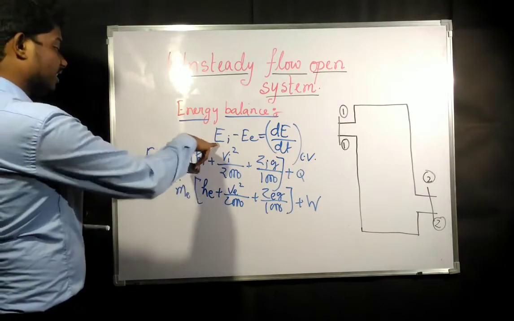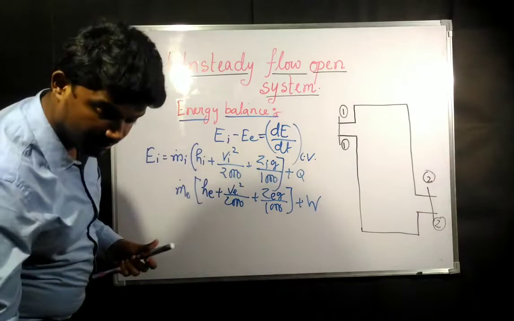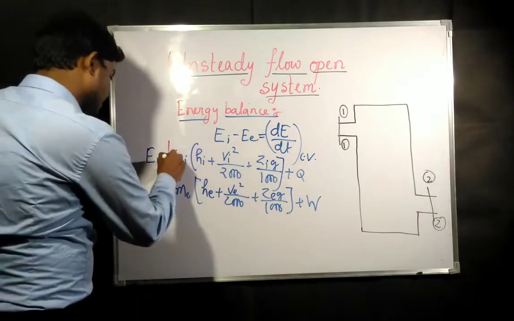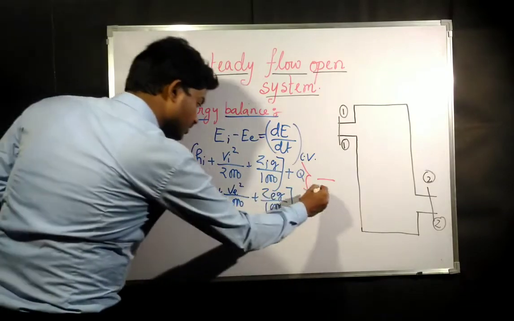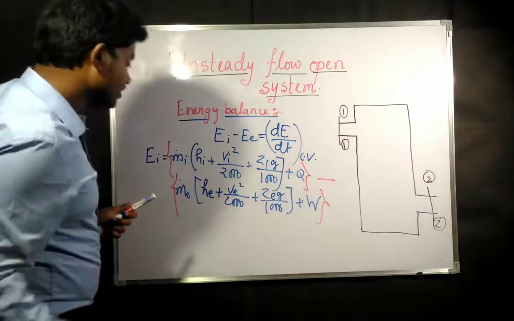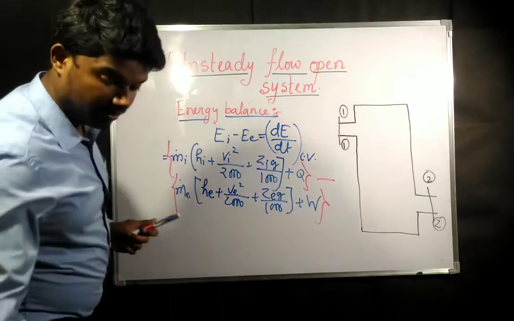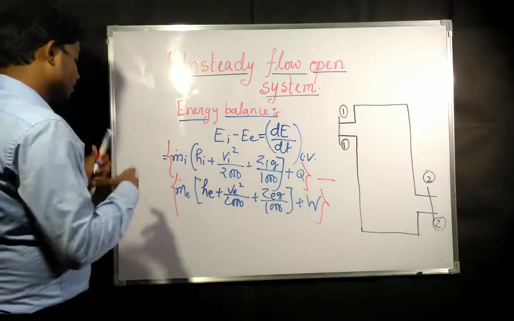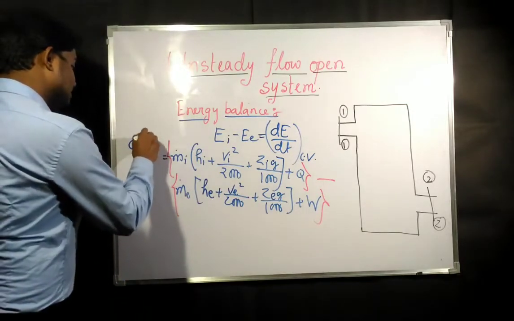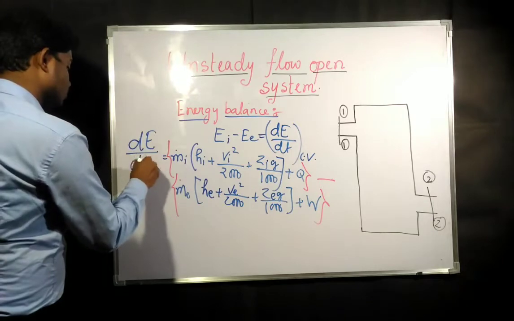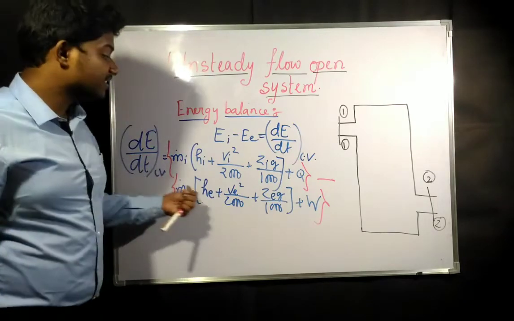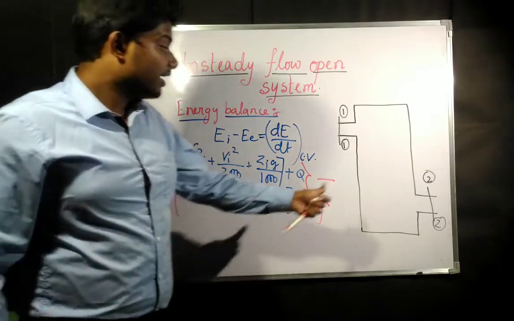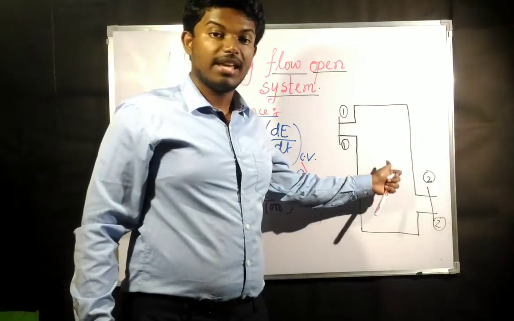Suppose this is the energy at inlet, minus this, the energy at outlet, is going to give you the change in energy with respect to time, or you can say this is the energy accumulation per second in the system.